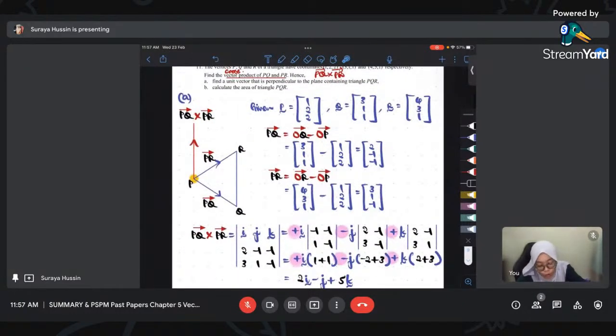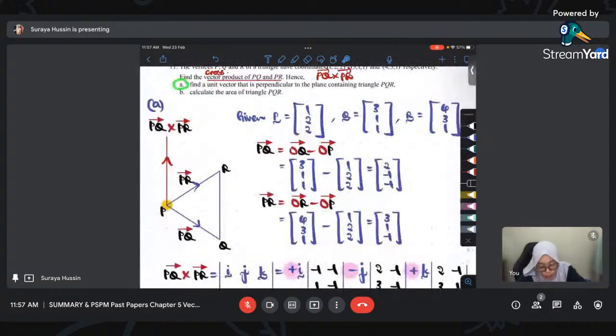So now dah cari tu, bolehlah cari jawapan A. Bolehlah jawab soalan A. Find the unit vector that is perpendicular to the plane containing triangle PQR. So plane dekat sini sebenarnya info tambahan kepada kamu. Kamu tak perlu confuse dengan perkataan plane.